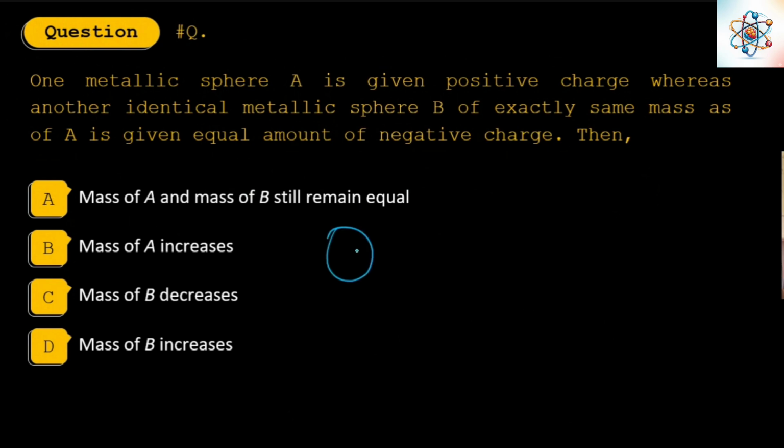Although it says they have the same mass, sphere A and sphere B are given positive and negative charge of the same amount. We have to calculate their total masses. Let us try to do this.